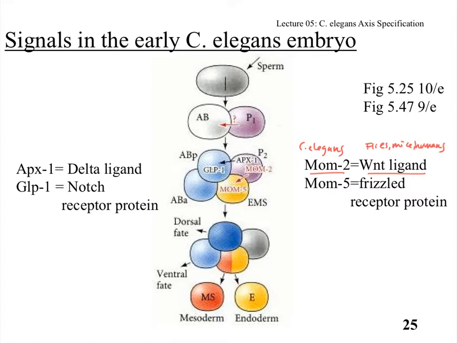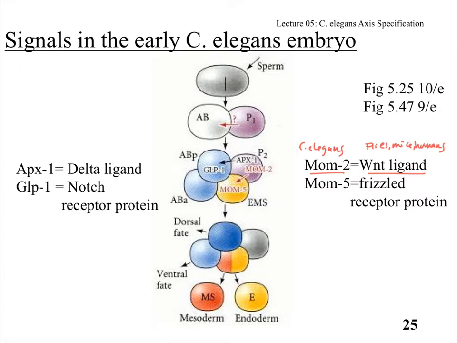And so basically, this is the really cool part. This is the toolkit part that Sean Carroll was talking about in Endless Forms, which is to say that we have these tools, in this case, MOM2 and MOM5, which work really well together. And so they're used and conserved through development and through evolution in different organisms. And so they have different names, but they basically have the same function.